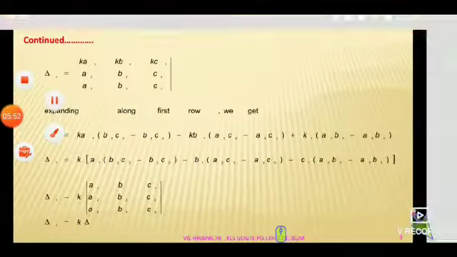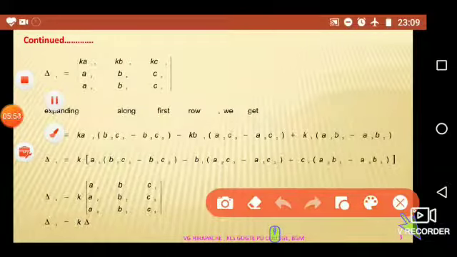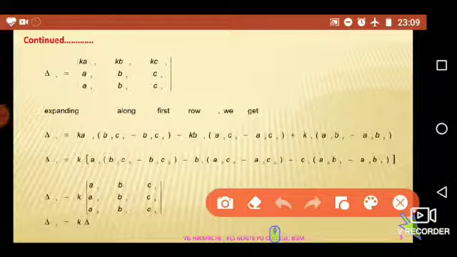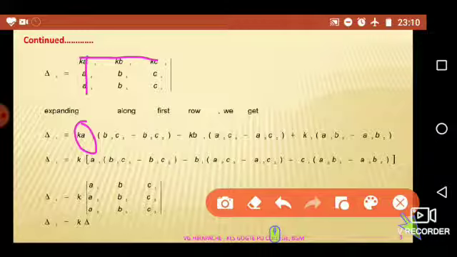Delta 1 is equal to ka1, in the first row, first column. We are left with the second order determinant, b2 c3 minus b3 c2.